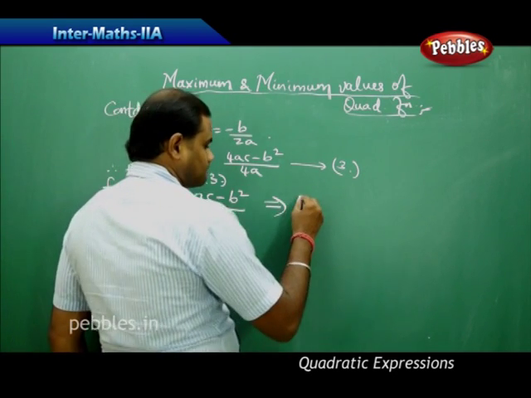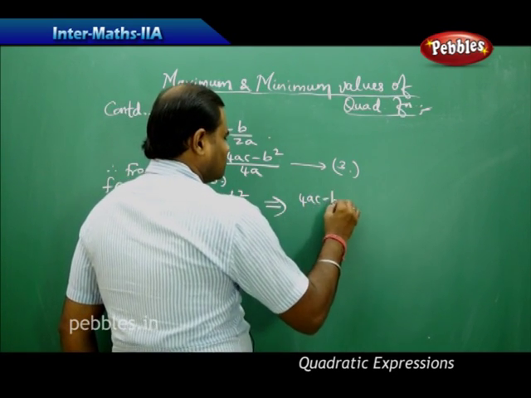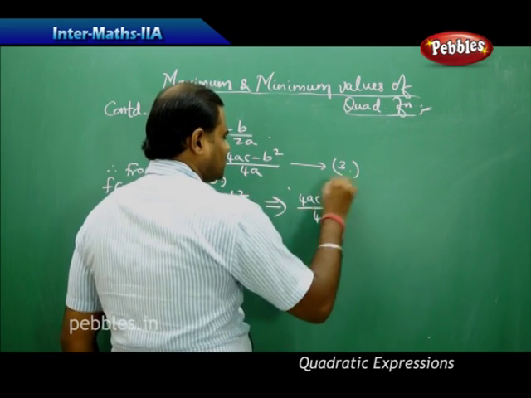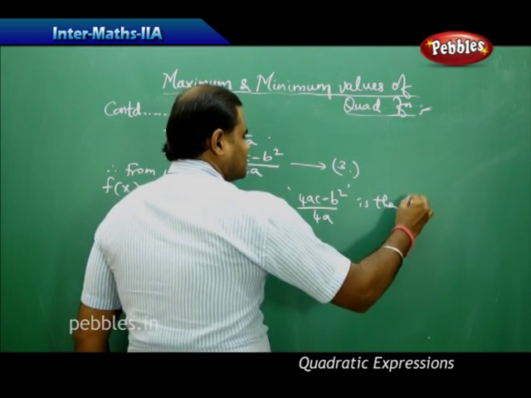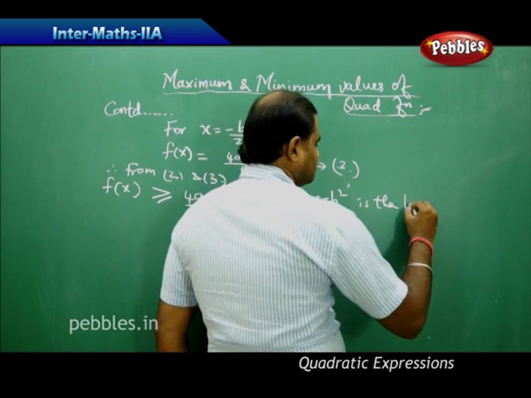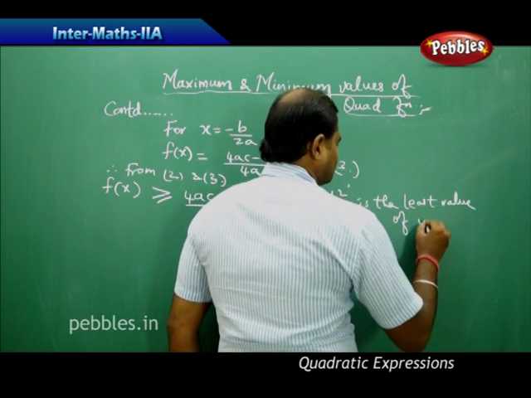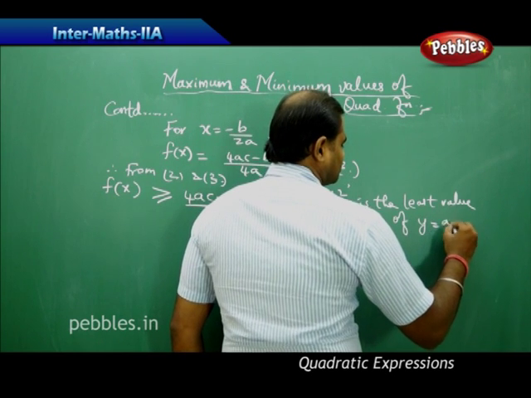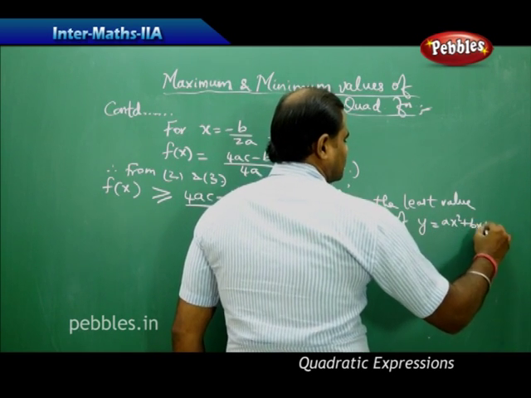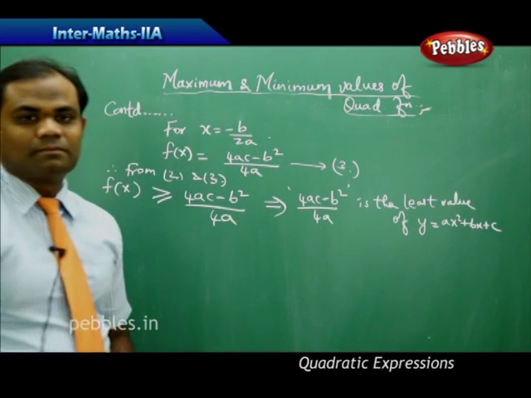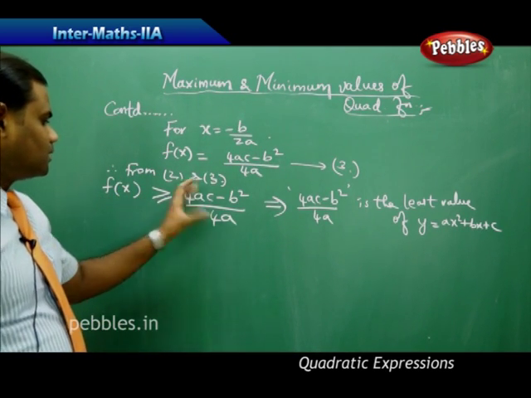That implies 4ac minus b squared by 4a is the least value of the quadratic function ax squared plus bx plus c. Every other value is greater than or equal to this.